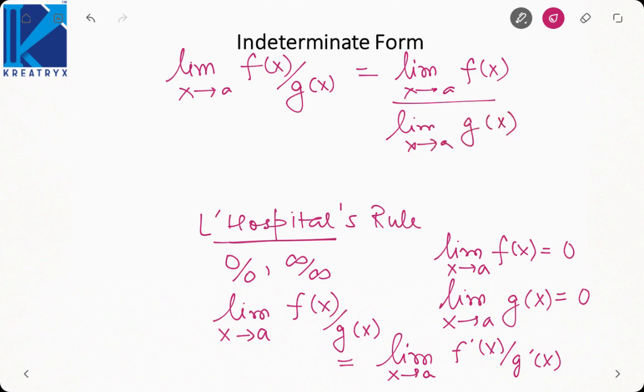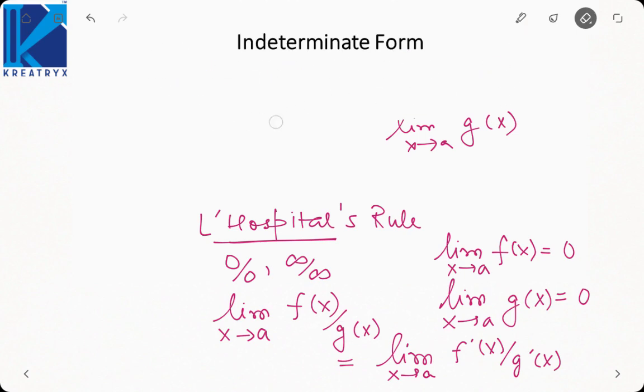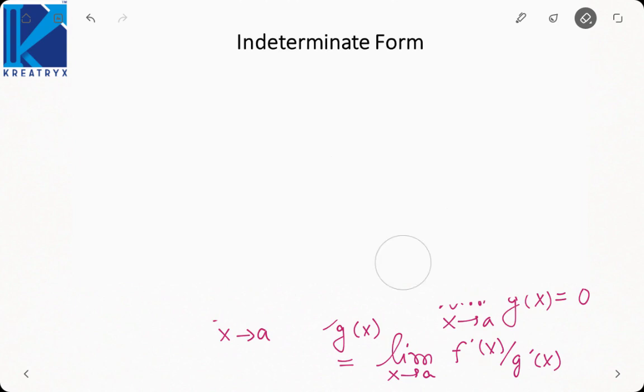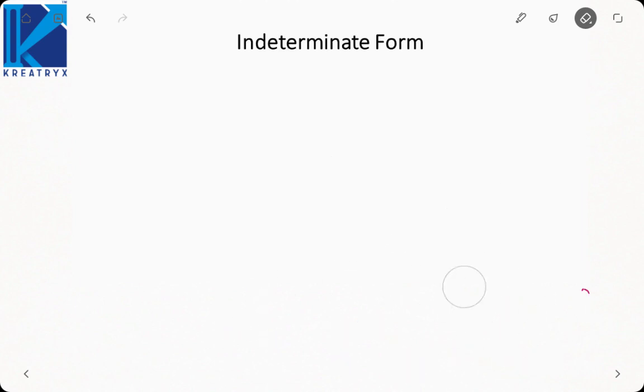Similarly, you can separate the limit in addition and subtraction processes, whenever you have such cases. Now this is only about the two forms, that is 0 by 0 or infinity by infinity. What happens when we discuss the rest of the forms? So the objective when we are dealing with the rest of the forms will be to convert those forms into this form, that is 0 by 0 or infinity by infinity.